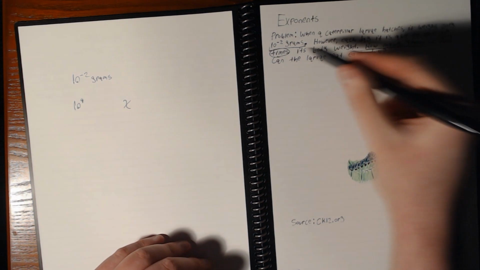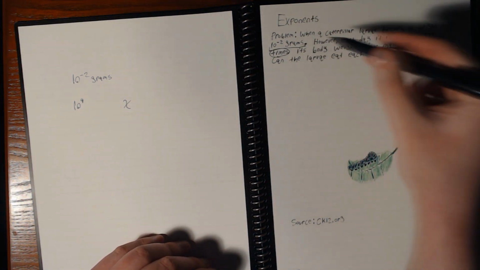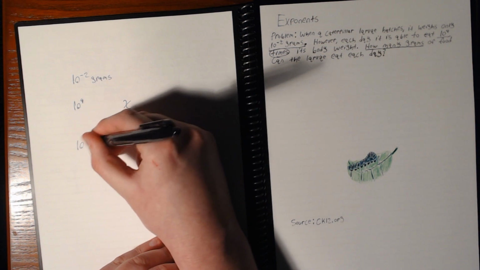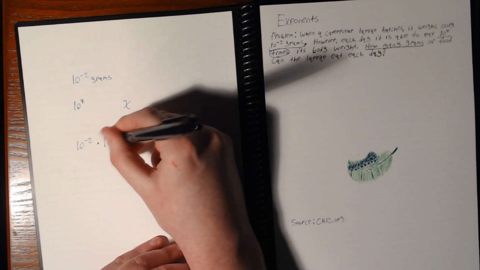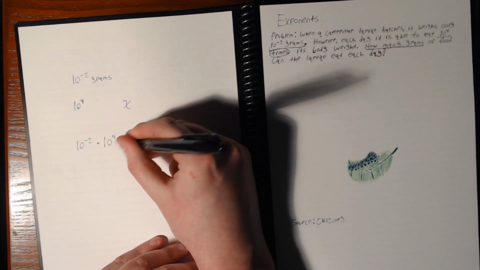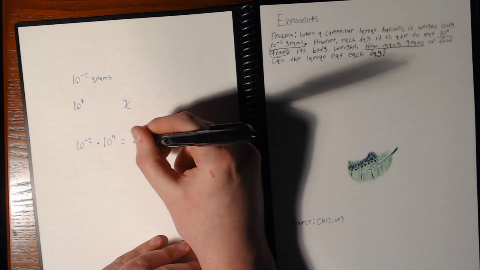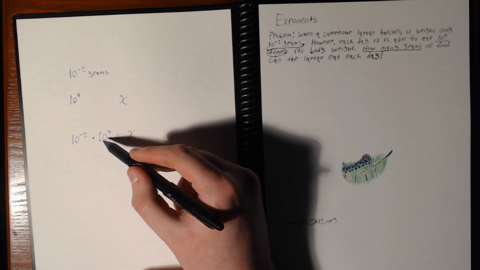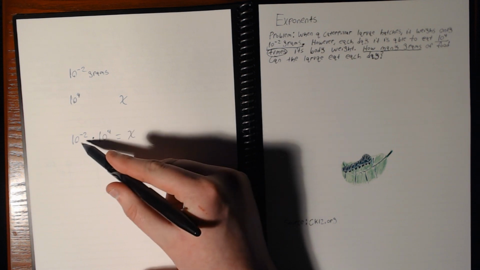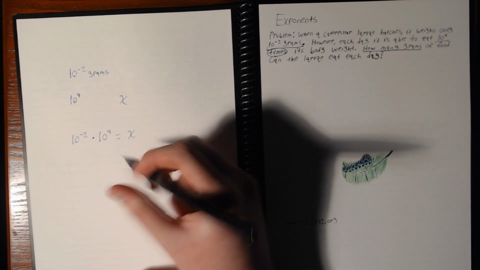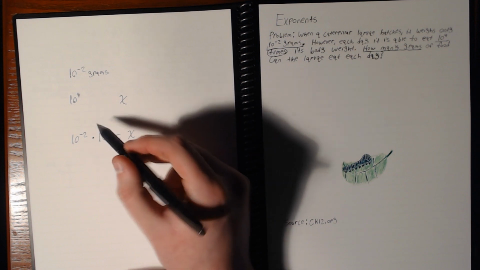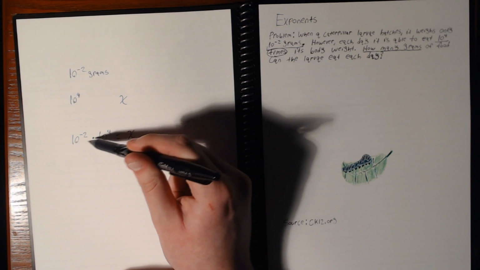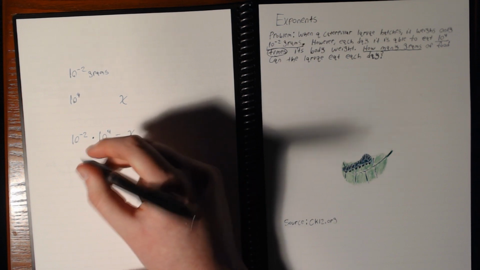Times its body weight, and this is its body weight right here. So basically we're doing 10 to the negative 2 times 10 to the 4 equals our x. Now, the thing about exponents: when you're multiplying them together and you have the same base, and these exponents have the same base of 10, essentially all you need to do is add the exponents together and it will create one exponent that you can solve for.